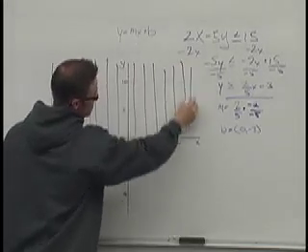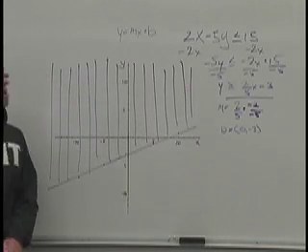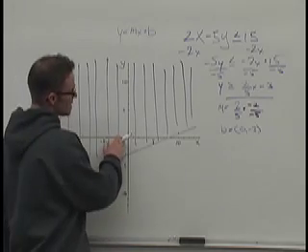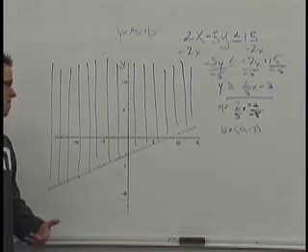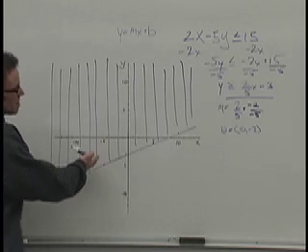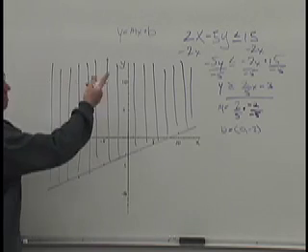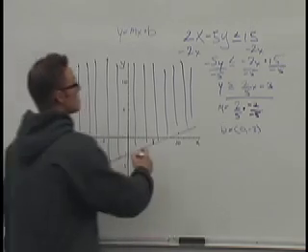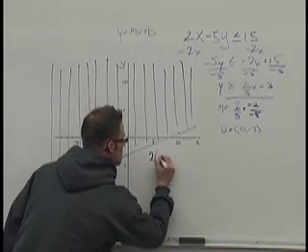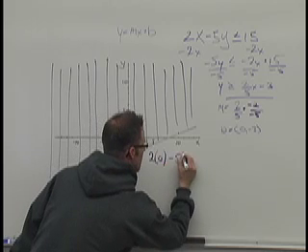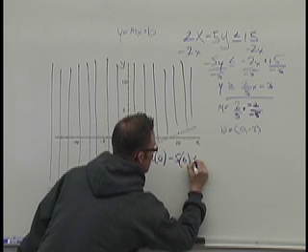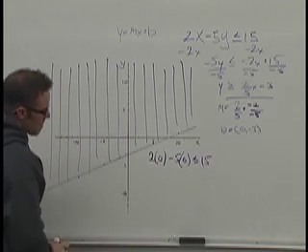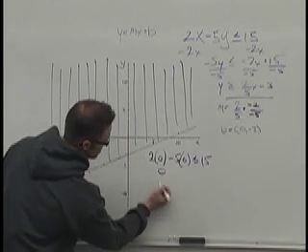Now, if you're not comfortable with which region to shade, you can always check by plugging a point into our inequality and seeing if it works or not. Anything in the shaded area should work in our inequality. So we're going to go ahead and check this by using the point 0, 0, which would be 2 times 0 minus 5 times 0 less than or equal to 15. 2 times 0 is going to give us a 0.